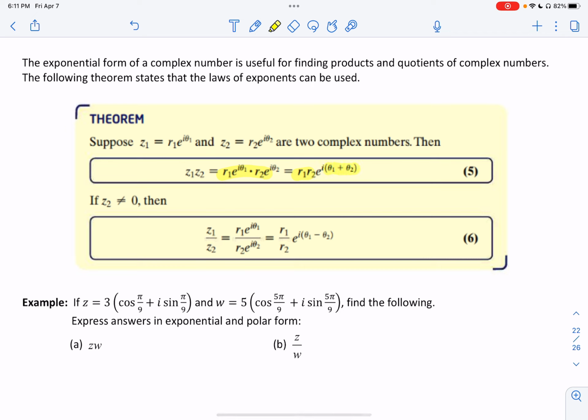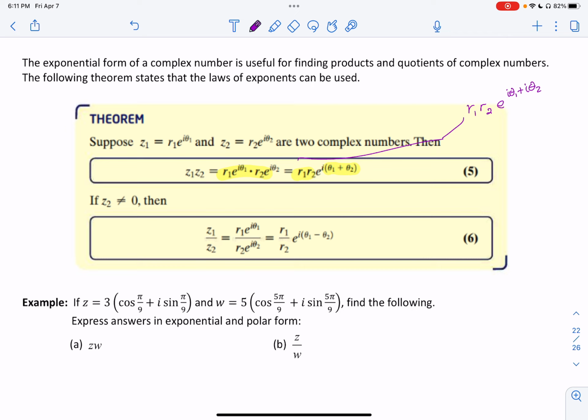And then remember, we add when we multiply two values that have the same base. I add together my exponents. So step by step, we have r1 r2 e^(i theta 1 plus i theta 2), and then they just factor out the i.